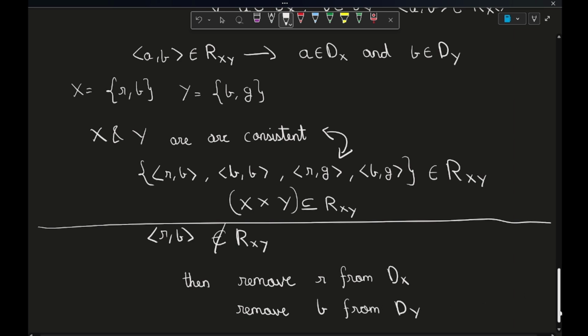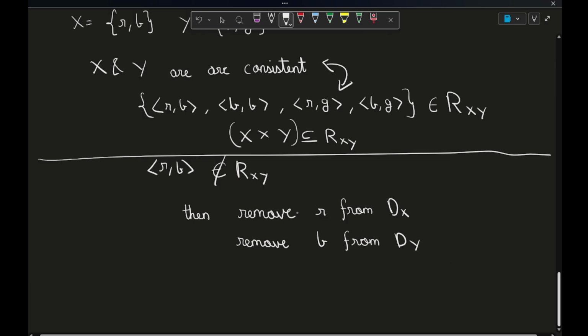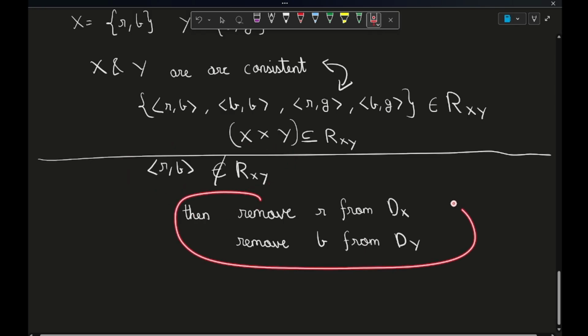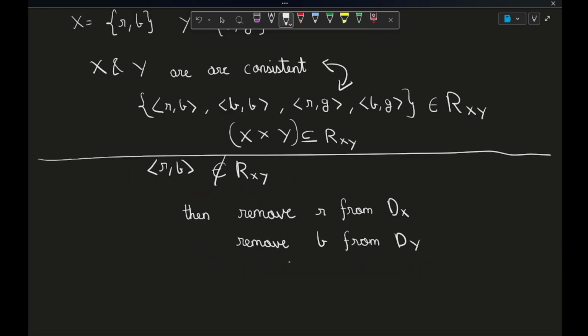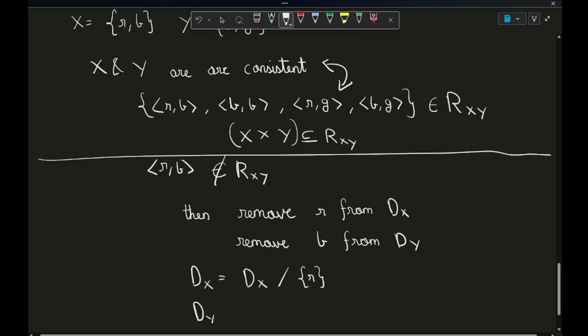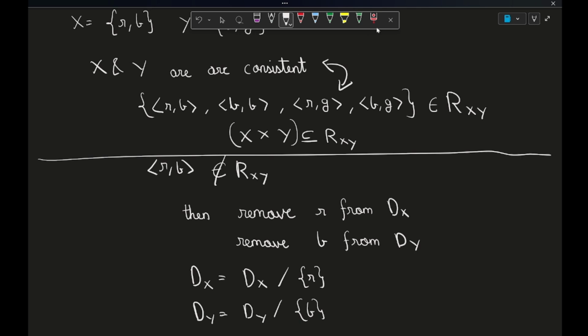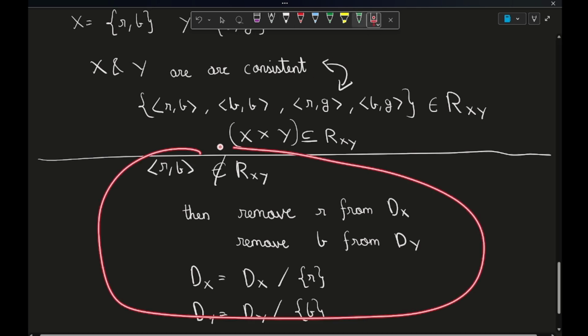So this is what revise does: it goes over every pair, and if it finds any such pair, then it just entirely removes these two variables. If I were to write this in set notation, I'll write this as dx set difference R and dy set difference B. Because I believe that only if we understand this can we even solve the question.